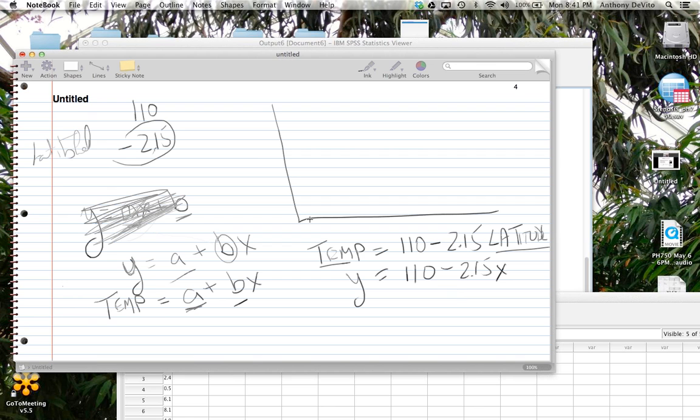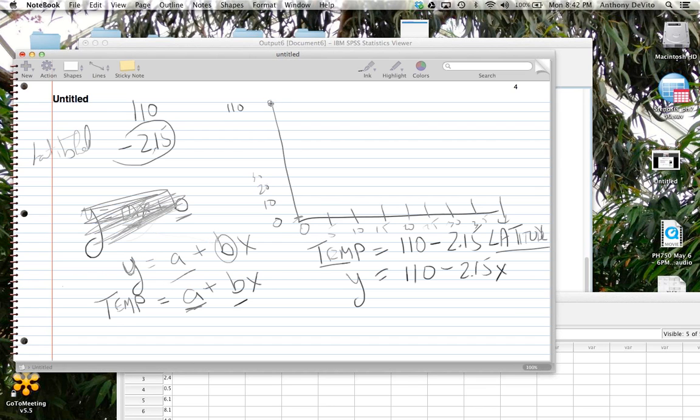That tells us that if I were to draw temperature over here, 0, 10, 20, 30, 40, 50, and this were 110 up here, and I were to start at this point, now, if x is 0 here, let's say it's 5 here, 10, 15, 20, 25, 30, 35, 40, and so on.